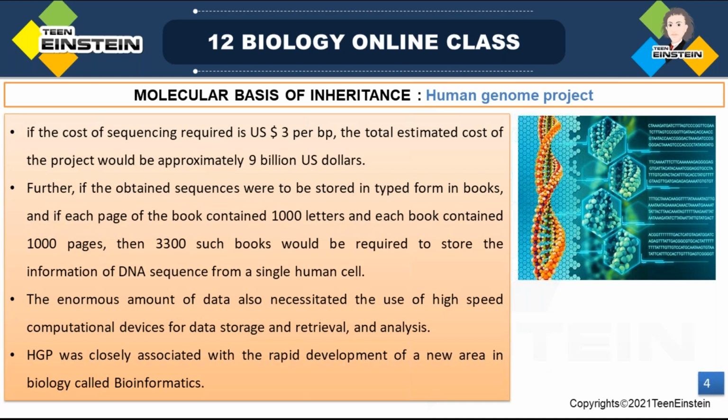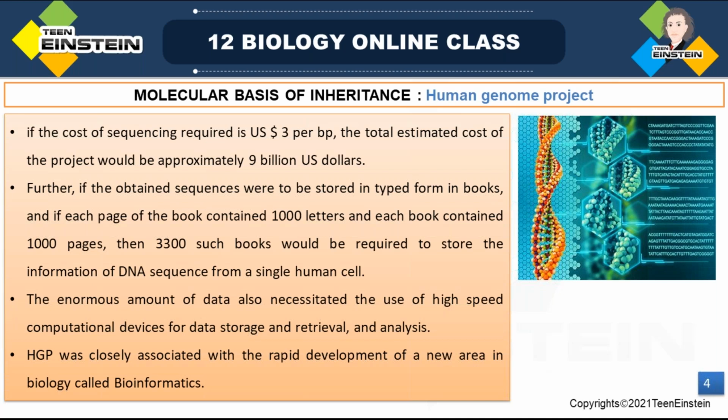Just imagine in a book, each page has 1,000 letters, and each book contains 1,000 pages. Each page has 1,000 base pairs, right? So how many books are required? Around 3,300 books.